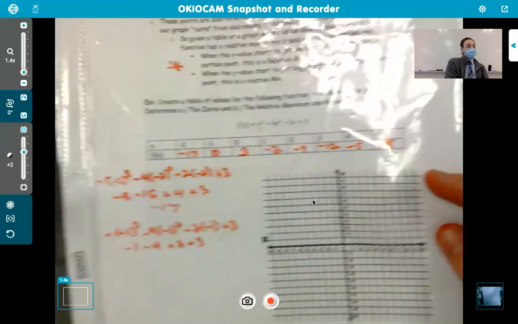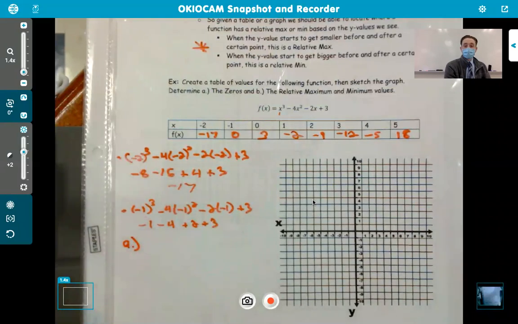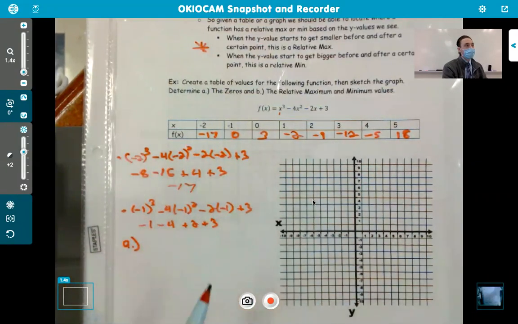Well, part A is still the same as what we did earlier. So in part A, it's asking us, well, what are the zeros? So if I take a look at this table of values, similar to what we did before, where would you say the zeros are? Where are my solutions to this polynomial equation, or this polynomial function? One of them is pretty obvious, right?